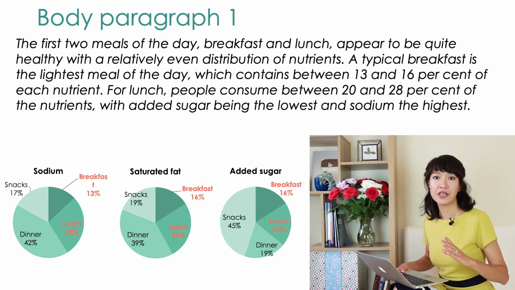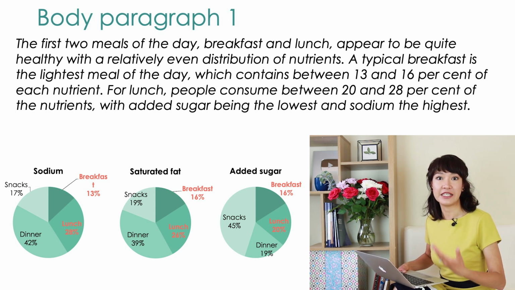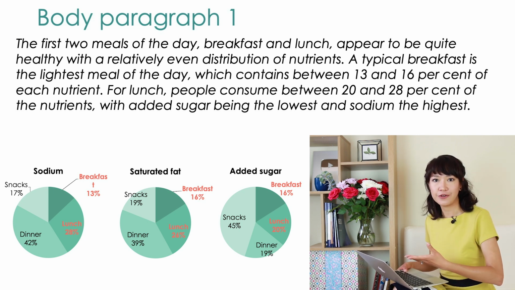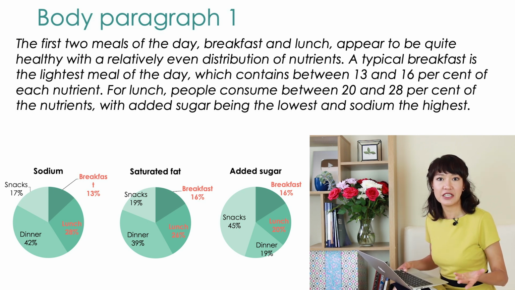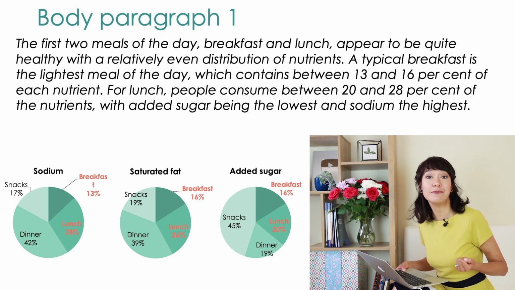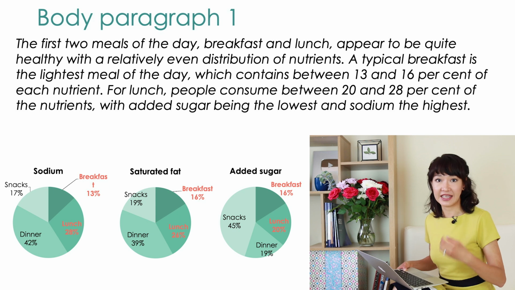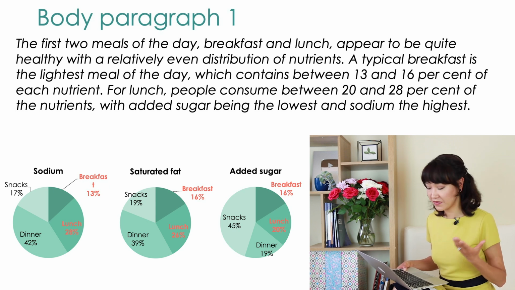And it's important not to give too many details because I think it's not important to know which nutrient was 13% and which was 16%. There is no big difference there, and I simply give the range.